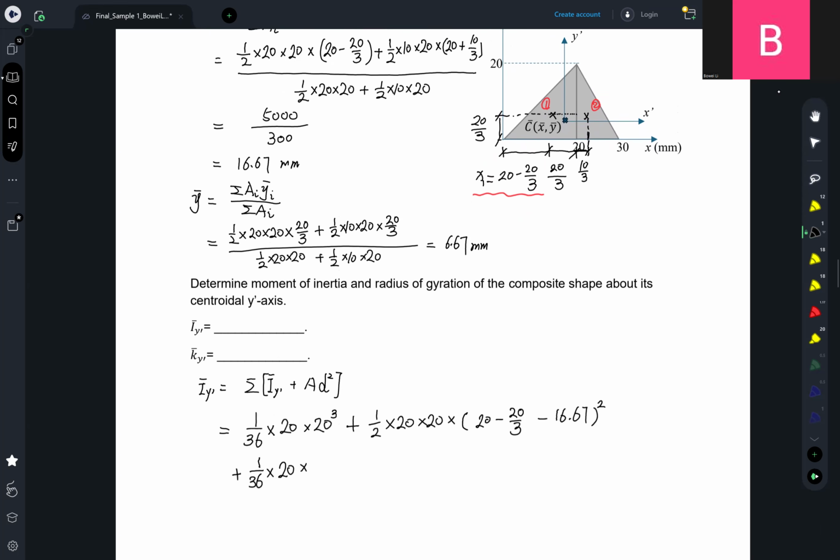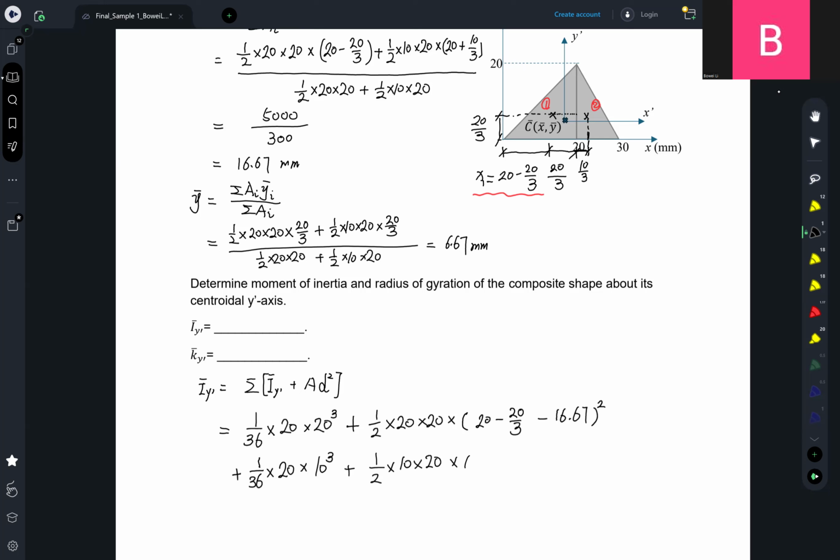So it is 10. Plus 1 over 2 times the product of the two sides, which is the area of the triangle.